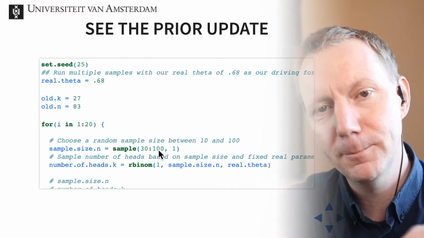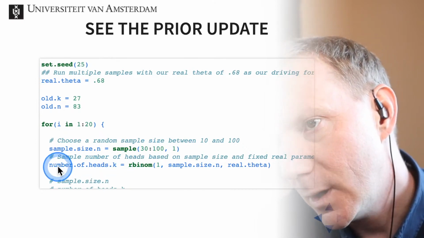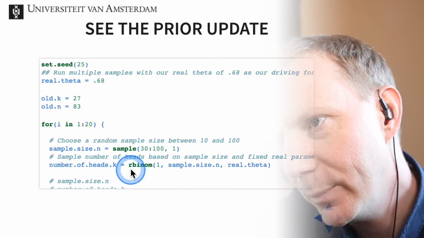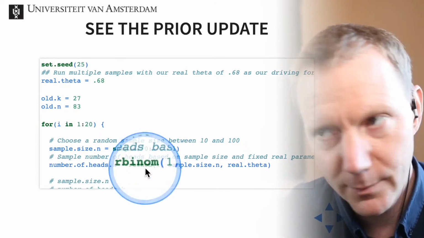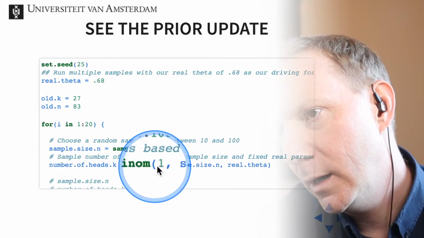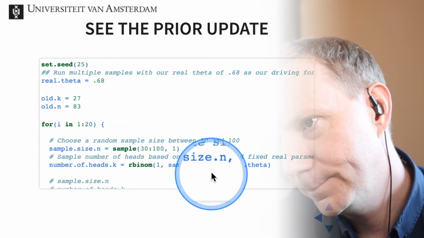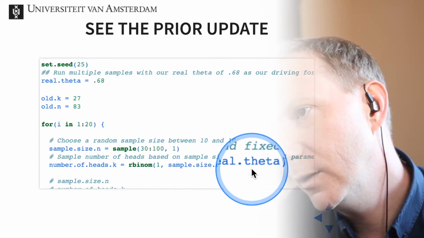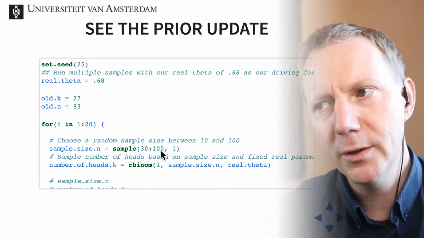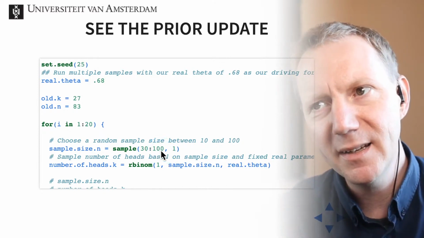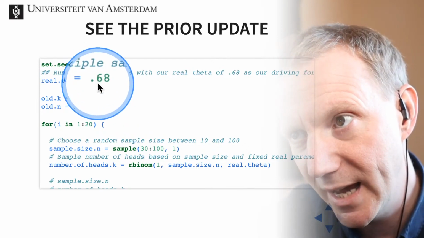Now I can mix and match. What we're doing is sampling a random set of zeros and ones, where we set the sample size that we just determined up here, and we give it a real theta. So the numbers of zeros and ones are produced by the data-driving factor, by the fact that we choose our 0.68.